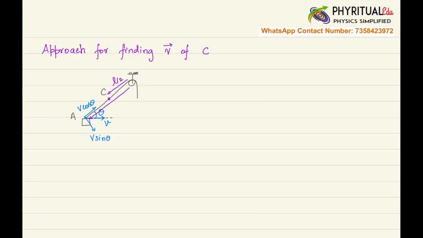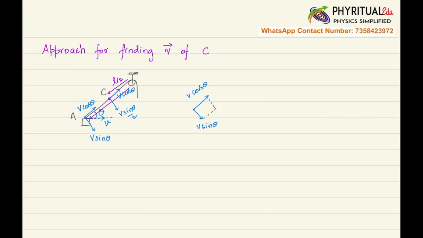Then along the length of the string, point C's velocity over there, that will be v cos theta, and perpendicular to the length of the string, the velocity will be v sin theta by 2. And along the length of the string, it is going to be v cos theta, and velocity of point C will be vector addition of v cos theta and v sin theta by 2. So vectorially, you add these two components, that will give you the velocity of point C.